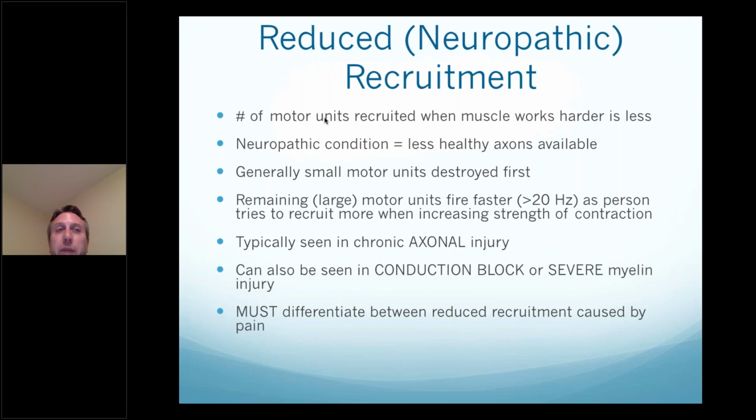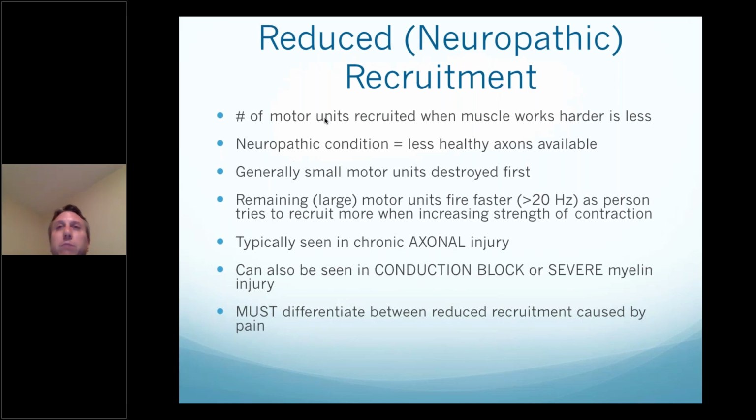With pain, which is not something we quantify or comment on, the motor units that they have are not going to speed up. They're just going to keep firing at the same rate.